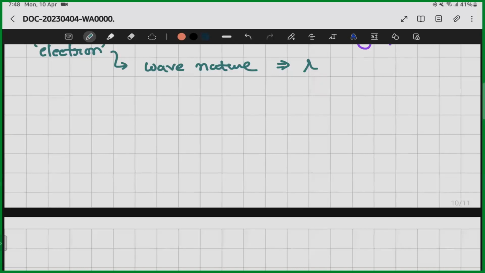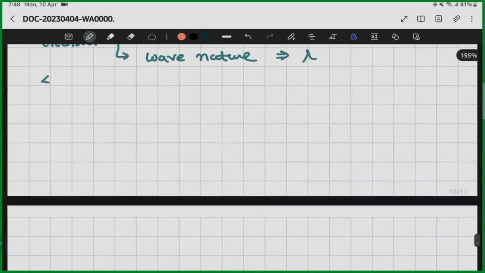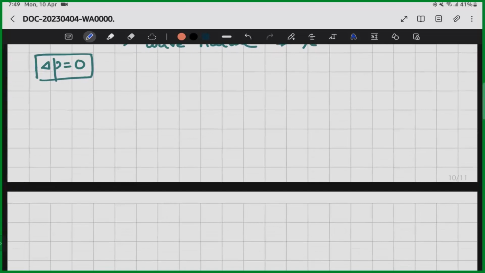Let's say del p is 0, so we are trying to measure the momentum precisely without any uncertainty. If del p is 0, it means that del x is infinite. What does it mean?